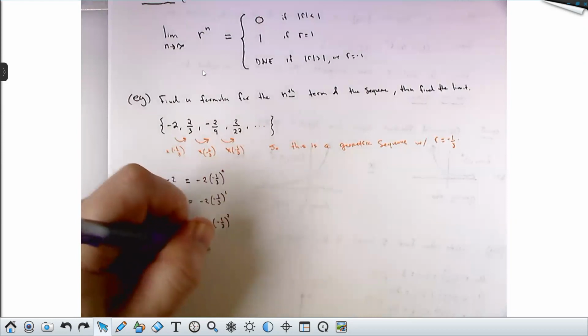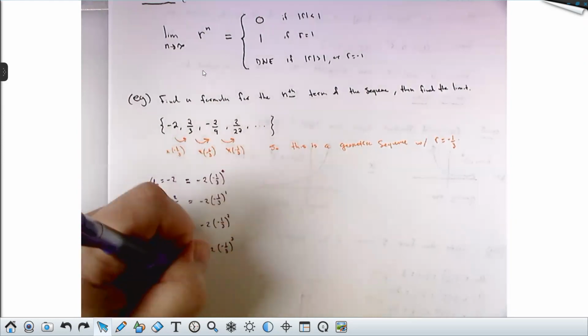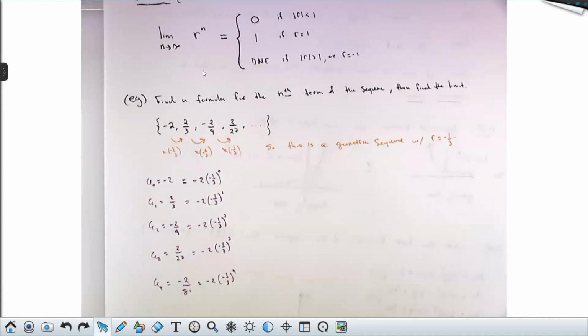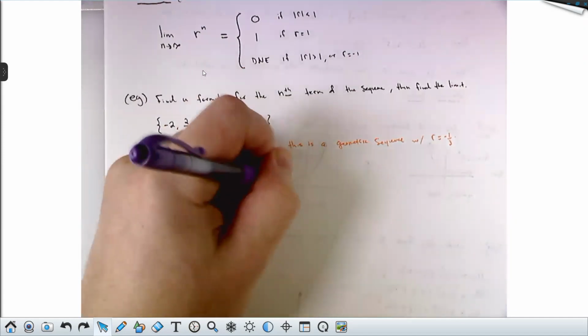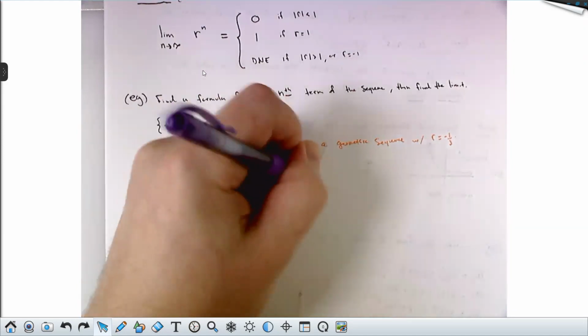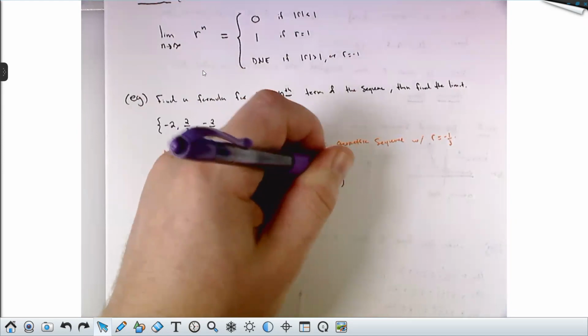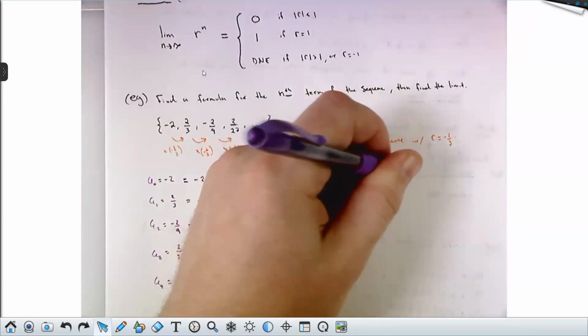This is -2 times -1/3 cubed. This is -2 times -1/3 to the 4th. So it looks like A_n is -2 times -1/3 to the n, where n starts at 0.